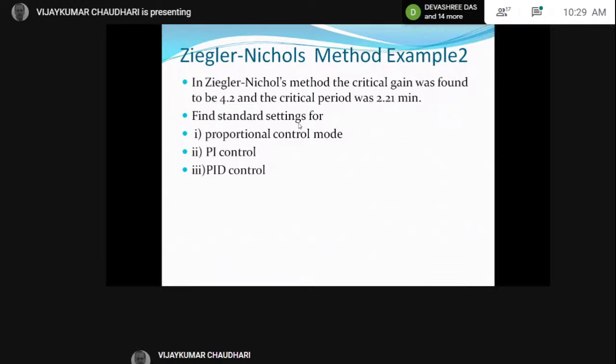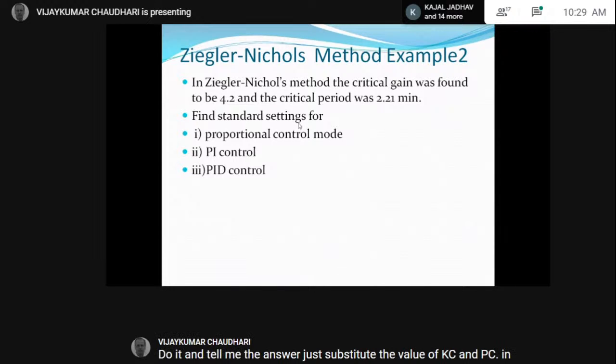Just substitute the value of Kc and Tc in the standard mode, for proportional, PI and PID mode. Do it and tell me.